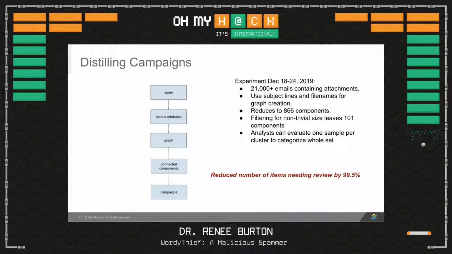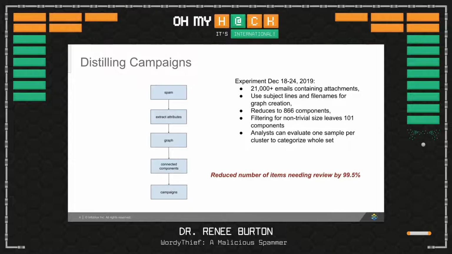So in other words, we started with 21,000 plus emails, which traditionally we might hand to analysts and say, hey, go find me malicious behavior and grab the bad guy information out of it, which is obviously not scalable. In this case, we're able to find things that are alike together that aren't identical, but have a lot of correlation with each other. And that reduces us down to 866, which is still too big, admittedly.